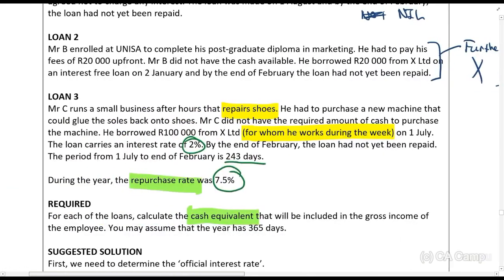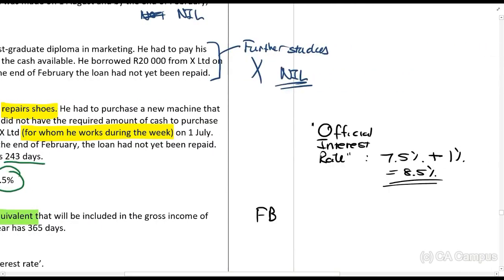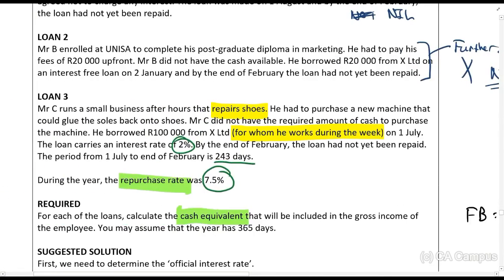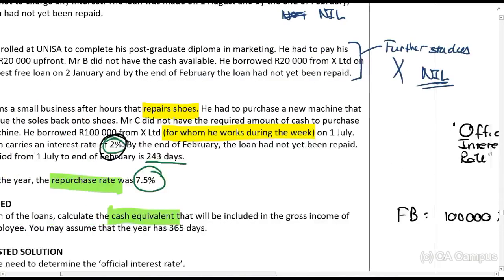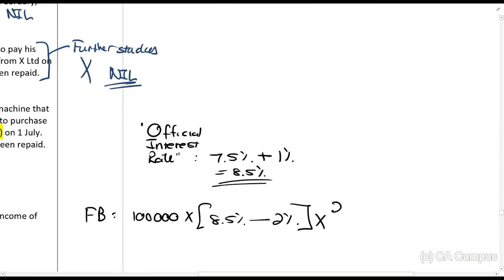Okay, so loan number 3, the fringe benefit will be R100,000, the loan amount, times the interest that you should have charged, 8.5%, minus the interest that was paid, in this case 2%, times 243 days over 365 days. That gives us 4,327 as a fringe benefit.